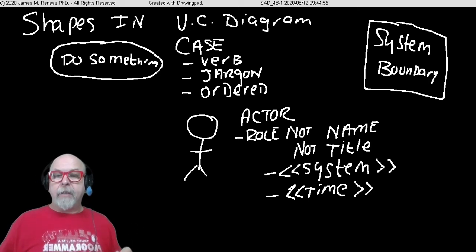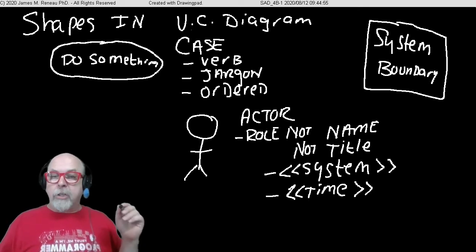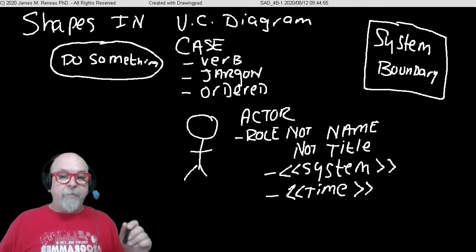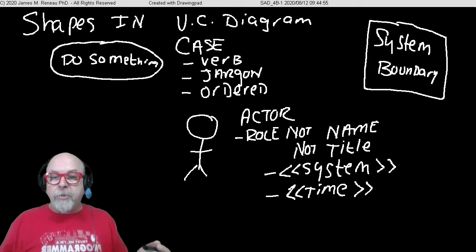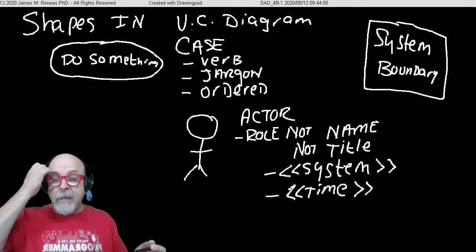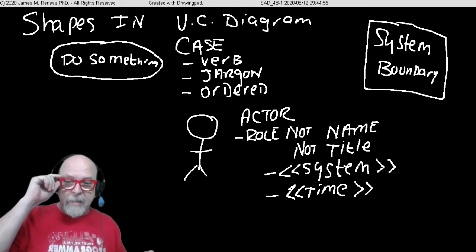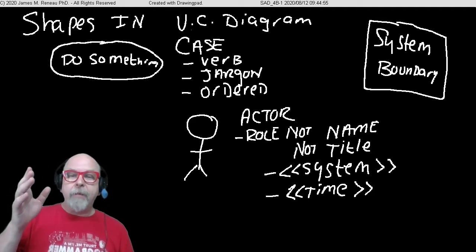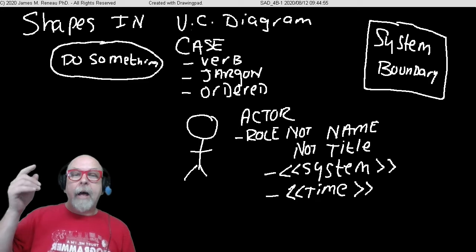Do something. Get cash, log into system, remove item from cart. Those all start with a verb. So just put a verb phrase in that box to represent the use case that goes along with this.